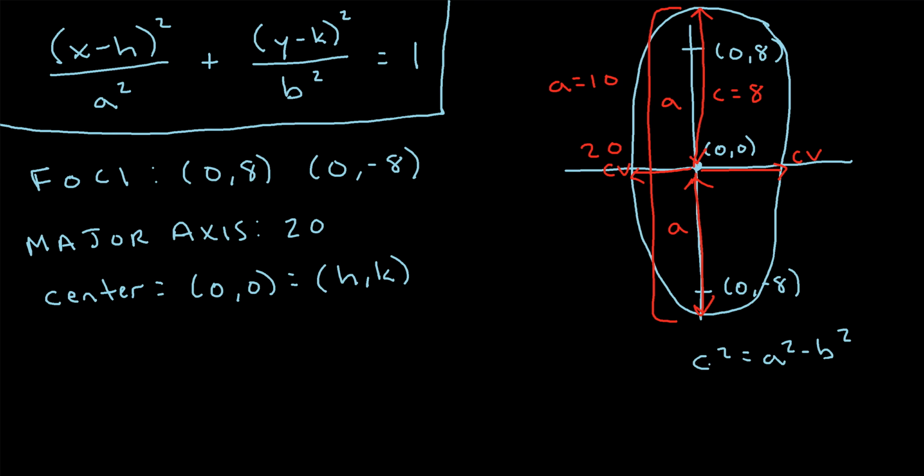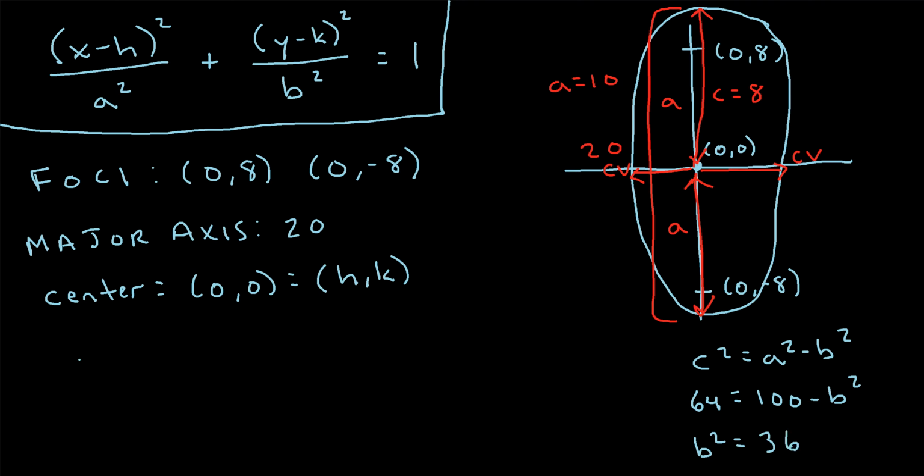So we can say c squared, which is 8 squared, is 64, is equal to a squared. a is 10, so a squared is 100, minus b squared. So if we add b squared to this left-hand side and subtract 64 from the right-hand side, we get b squared is equal to 100 minus 64, that's 36.